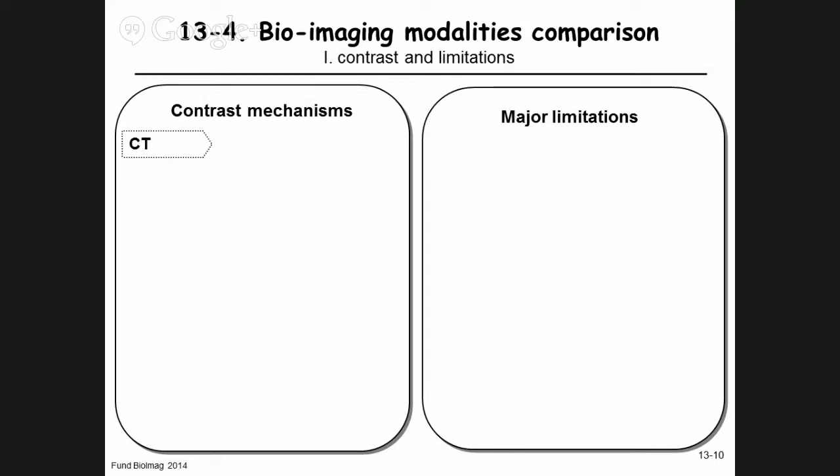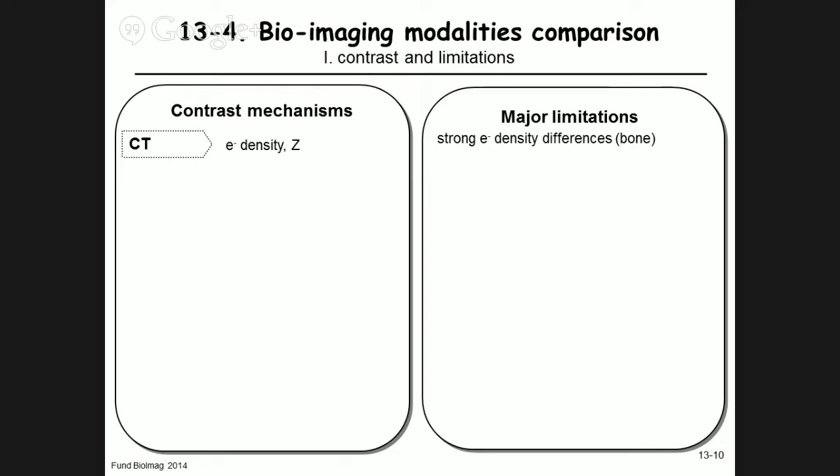Computed tomography, that's the first imaging modality that was introduced. The contrast mechanism, there's two essentially. It's largely electron density, but also the atomic number Z comes into play with the photoelectric effect. Yet the major limitation of X-ray imaging is that it is pretty much limited to contrast between bone and tissue and air and tissue.